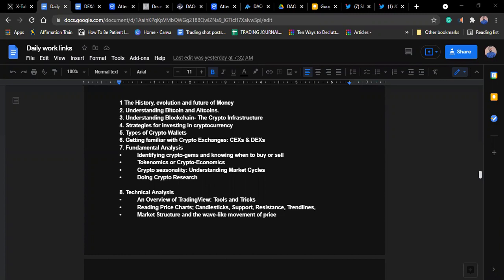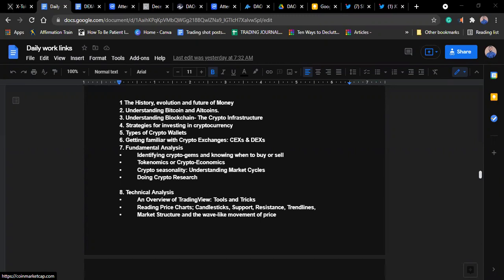Now, there are many types of decentralized exchange. To find them out, you come to coinmarketcap.com. As usual, in the course of your trading journey, you'll be making a lot of use of these websites, coinmarketcap.com. So when you come here, you can come to exchanges.